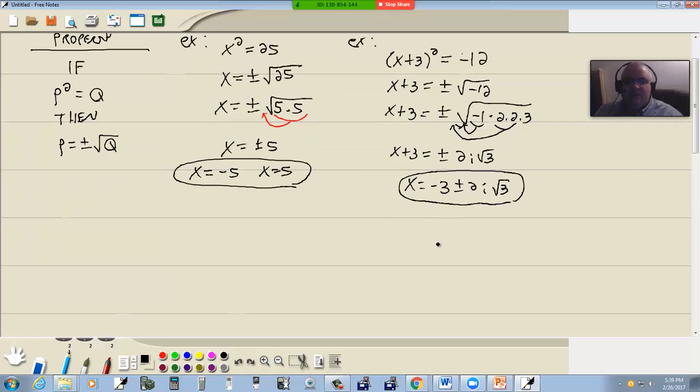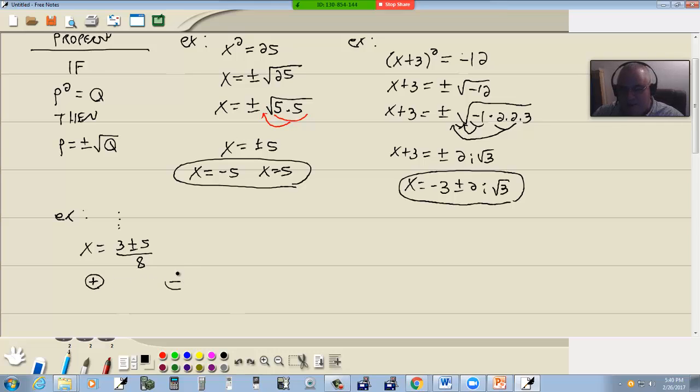Now let's talk about some simplifying. You're working a problem down, and you get it to the point where you have x is equal to 3 plus or minus 5 over 8. Notice that our radical disappeared. If your radical disappeared and you don't have an i, that's where you want to split it up.